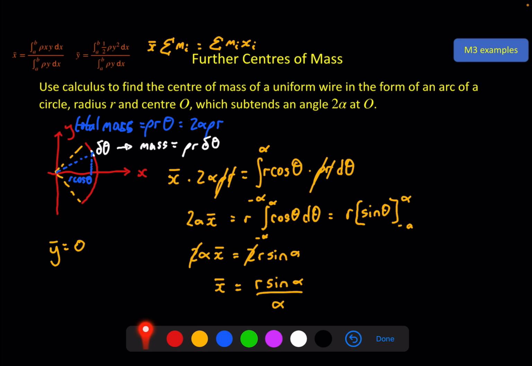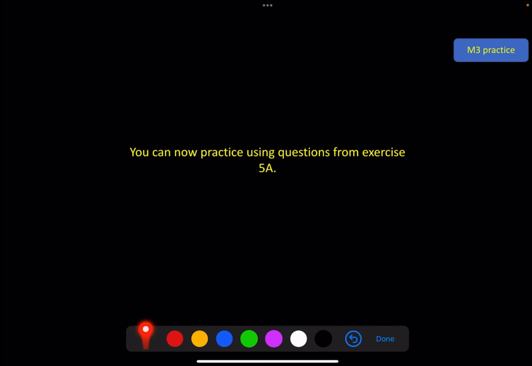But what's more useful is to understand how this applies in this process, so that for any given shape, you can find the total mass, the mass of an individual section, and the centre of mass of the individual section, put it into this formula here, take it to the limit, and turn it into an integral. So I hope that's enough now for you to have a go at the questions from exercise 5a, and maybe I'll see you in the next video for solid bodies.